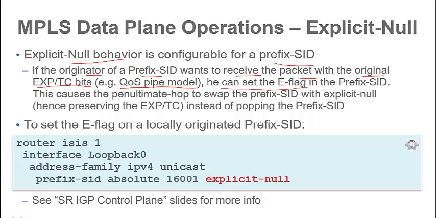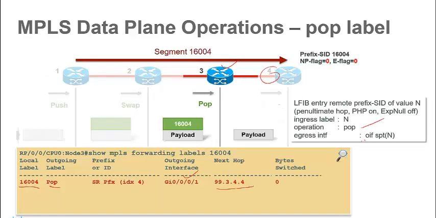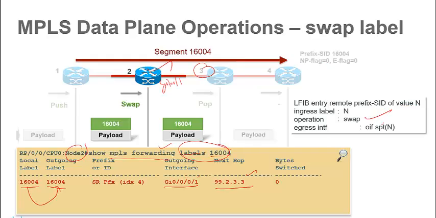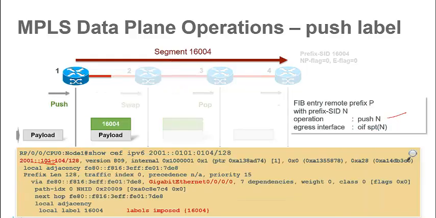So we can set the E flag, which is nothing but explicit null flag, in the prefix segment ID. If you see in the previous case, it is off. In all the cases, it is off.